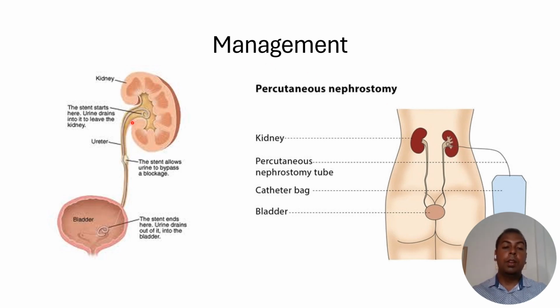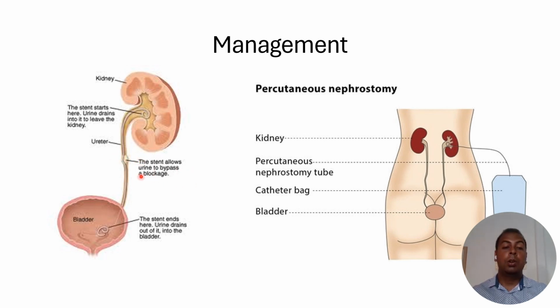Another surgical technique that could be done is retrograde stent insertion. Pretty much what this is, we're inserting a stent via the urethra of the patient using cystoscopy. Let's say that the patient has a blockage in the ureter, let's say this is a stone.